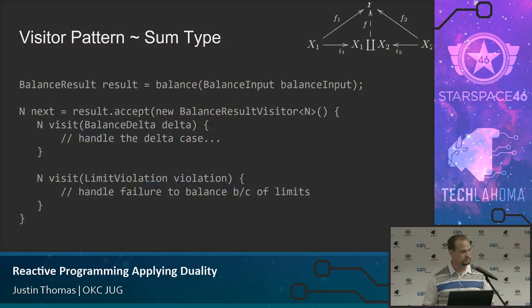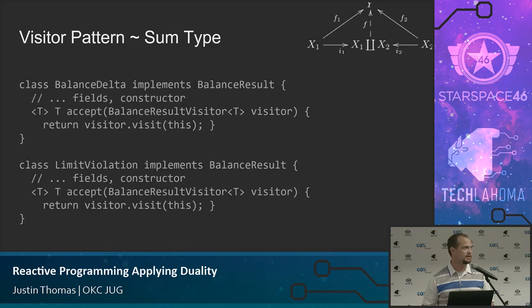So the information you get is not in the code itself, it's in the context the code is in. The fact that this happens to be inside a balance delta means it's actually different code than this inside of a limit violation. That's right, I don't have to type it differently, but my typing context distinguishes.